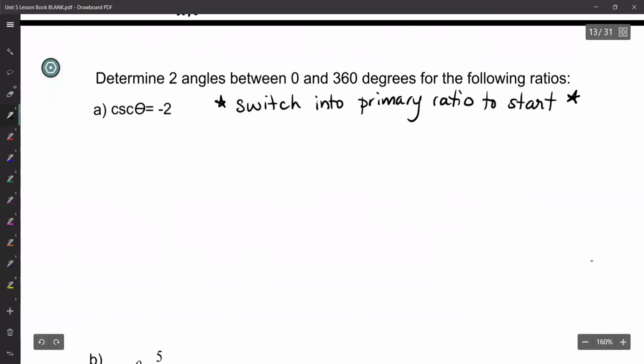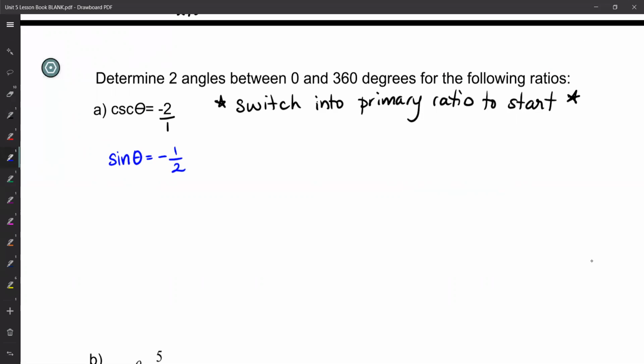So if I know that cosecant is the reciprocal of sine, this is technically -2/1. Okay, because we know that any regular number has a denominator of 1. So that means that sine theta must be equal to -1/2 when I do the reciprocal of this.